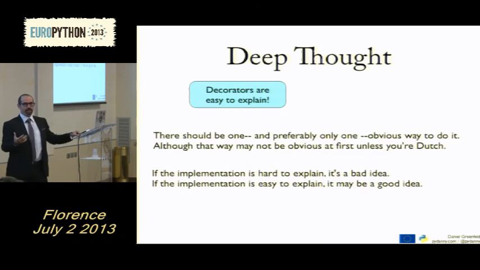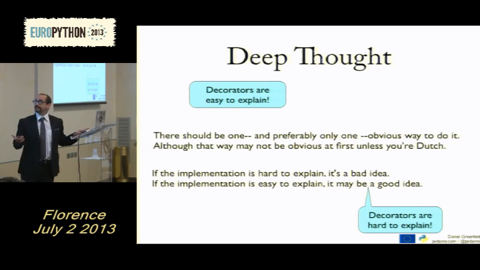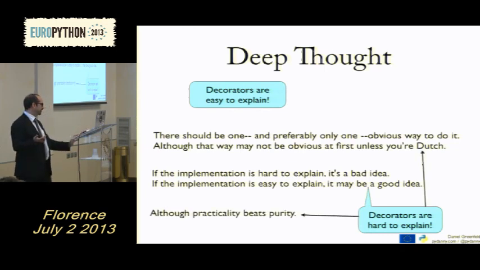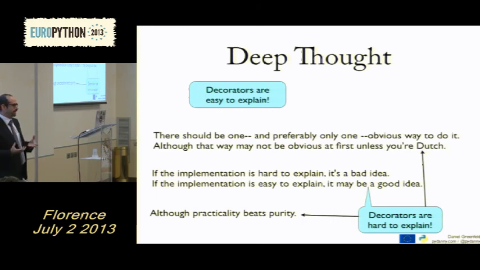And it took me a while to understand this, because it's not just that they're hard. It's like, why are they in Python? Isn't everything in Python supposed to be easy and obvious? And the thing is decorators are hard to explain. And it suddenly hit me one day.